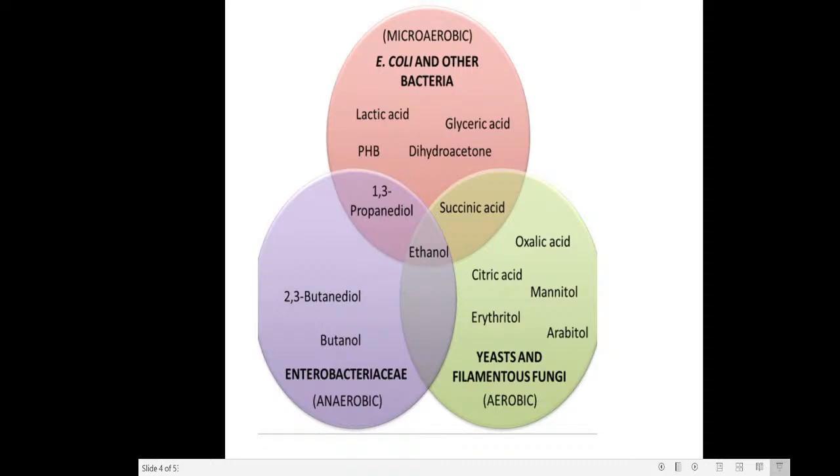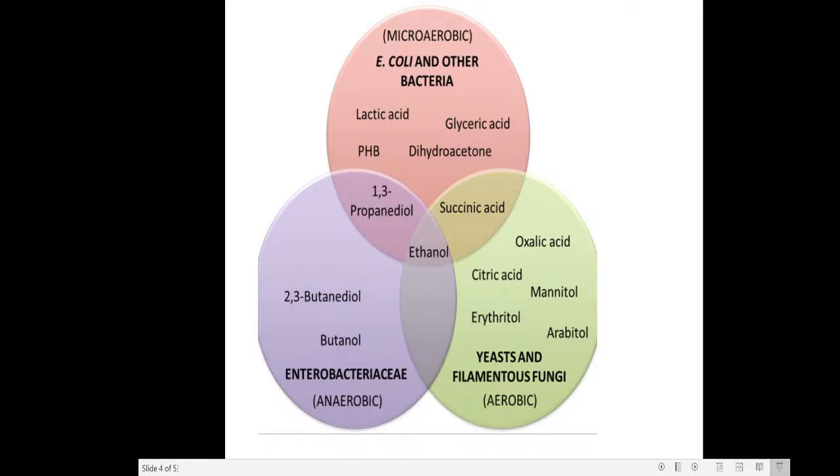In enterobacteria, which is an anaerobic condition, we can produce 2,3-butanediol and butanol. In this case, we can also produce 1,3-propanediol, and ethanol. Ethanol can be produced by E. coli, bacteria, yeast and enterobacteria.